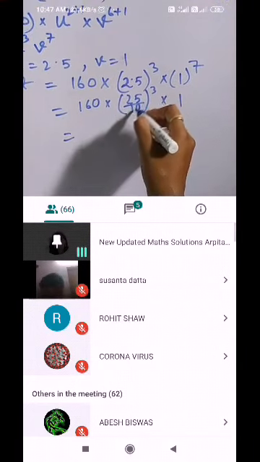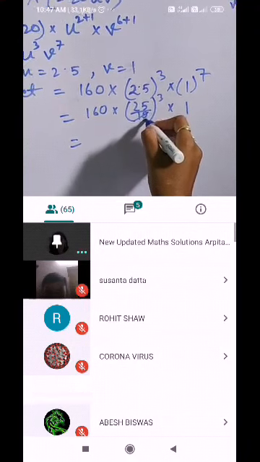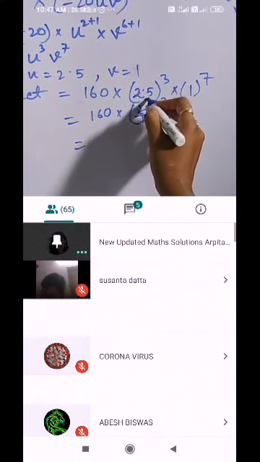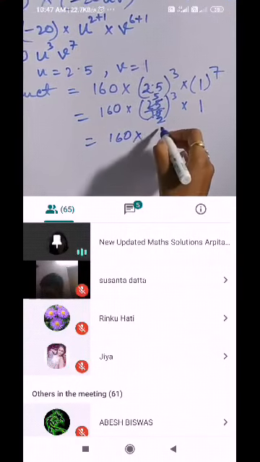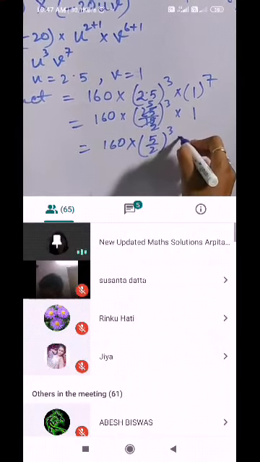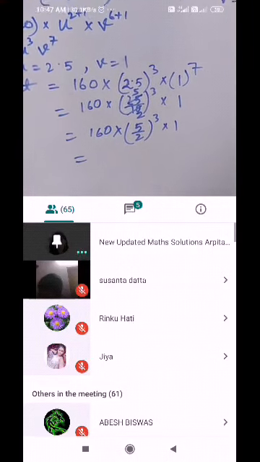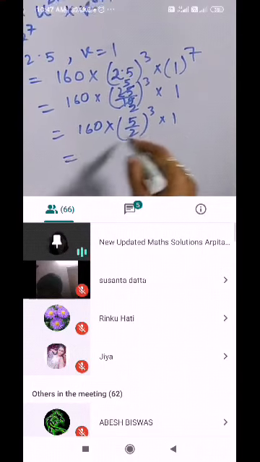Then we can cut it here. 5 2s are 10, 5 5s are 25. That means 160 into 5 by 2 whole cube into 1. From the next line, we will not write 1, because 1 into this number means this number.